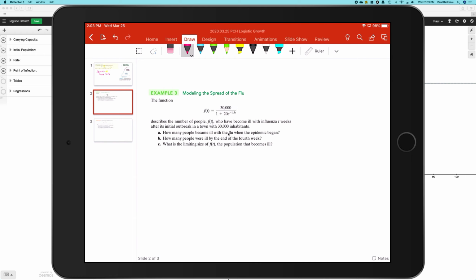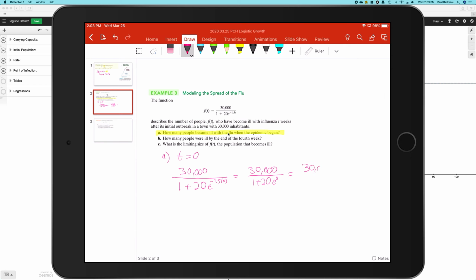Now, how many people became ill with the flu when the epidemic began? Okay, well, when the epidemic began, what we're saying is that's when t equals 0. So if we take 30,000 as our numerator still, put that over 1 plus 20e to the negative 1.5 times 0, well, that's 30,000 over 1 plus 20e to the 0.